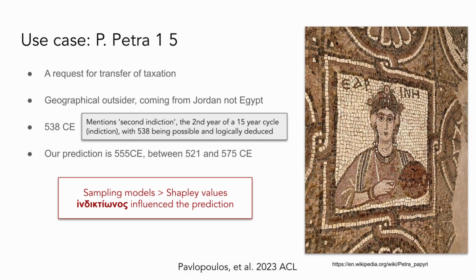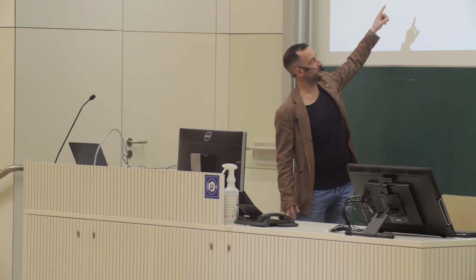We also saw, though not very clear, that we chose the word indictionous. In this case, again, we use explainability. And we provided the expert with all the highlights, what the model used to suggest the date.